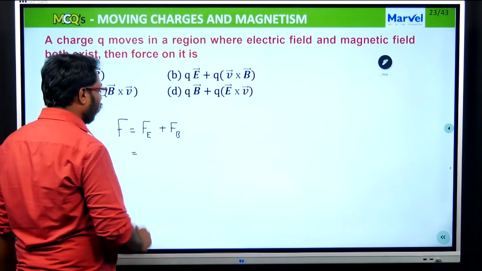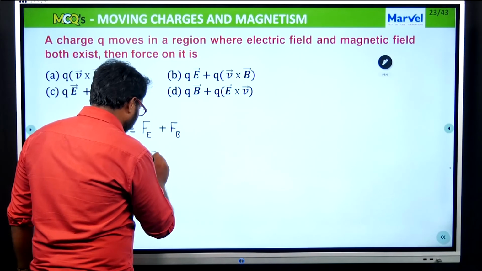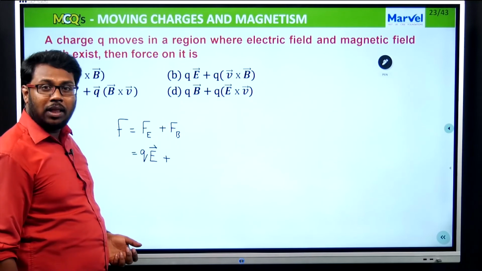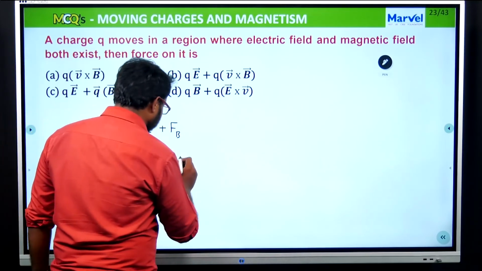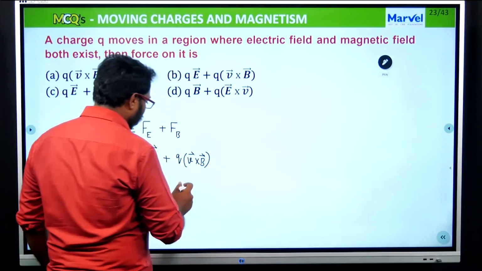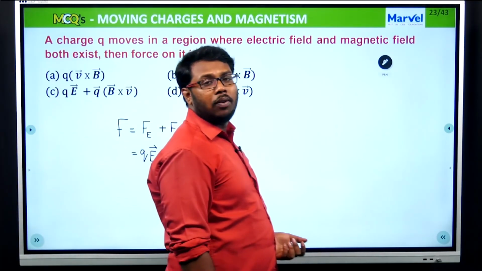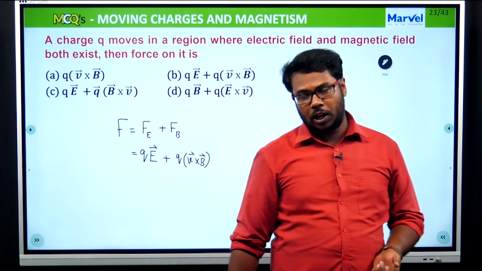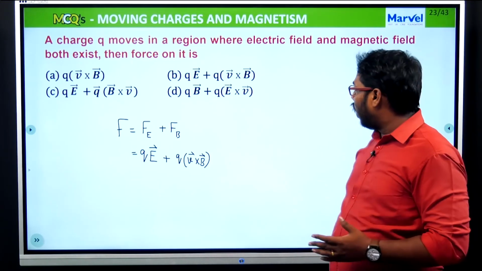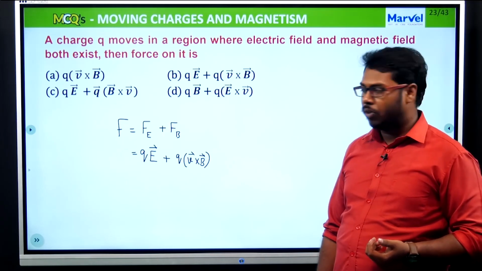What will be the expression for the force experienced by the charge in the electric field? It is nothing but Q times E. Likewise, the force experienced by the charge in the magnetic field is represented as Q into V bar cross B bar. Later on, this can be rewritten as BQV, considering that the angle between the velocity and the magnetic field is 90 degrees. So this is the expression for the force experienced by a charge placed in a region consisting of both magnetic as well as electric fields.